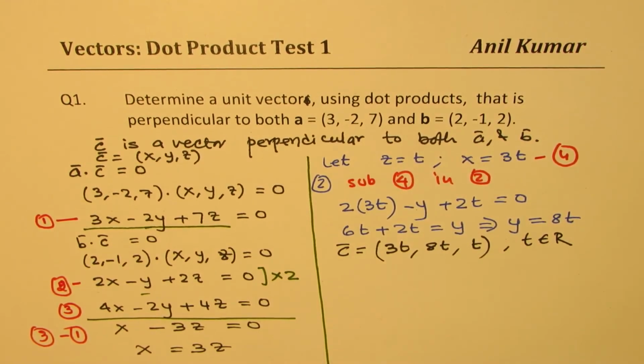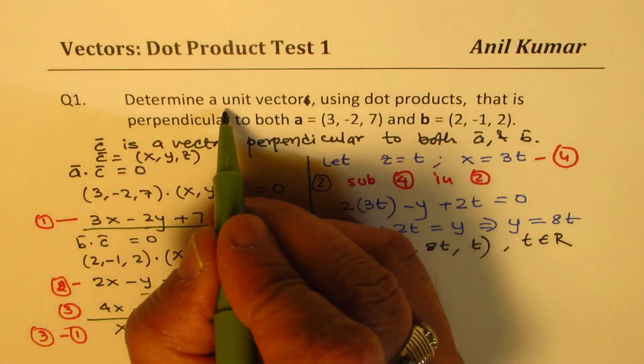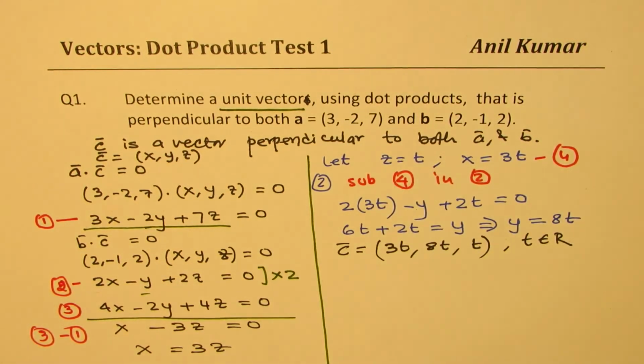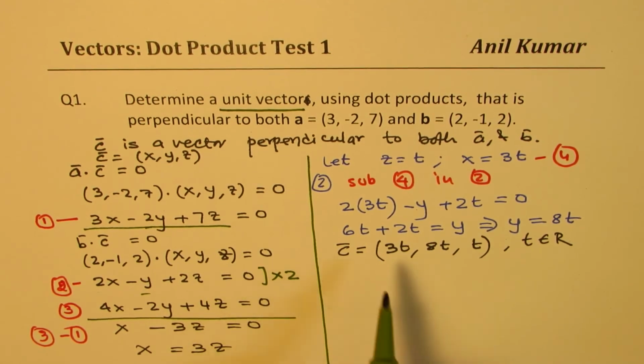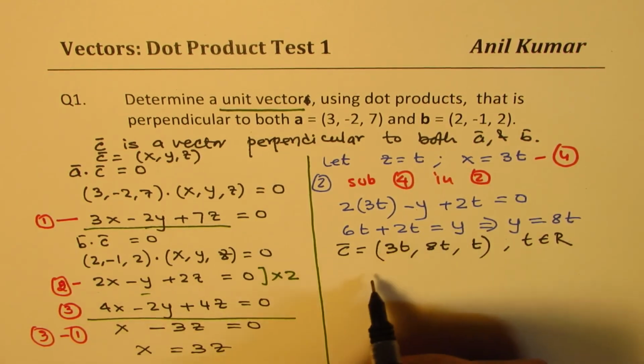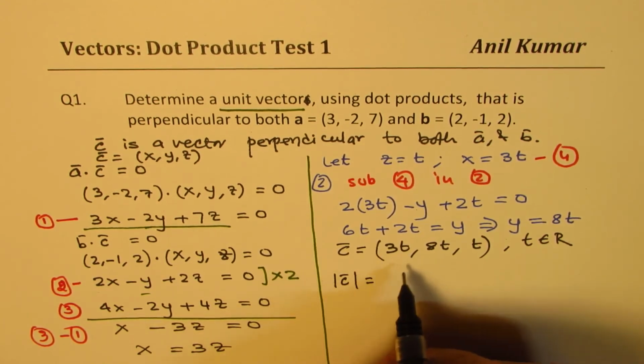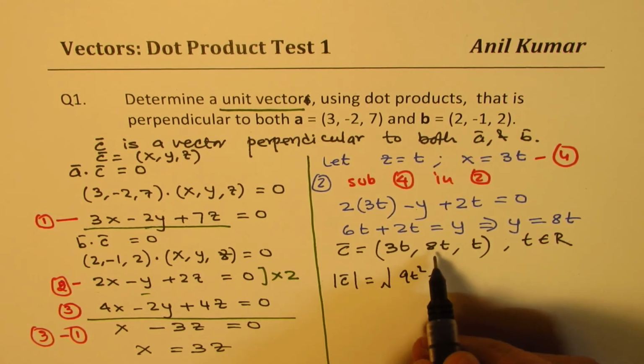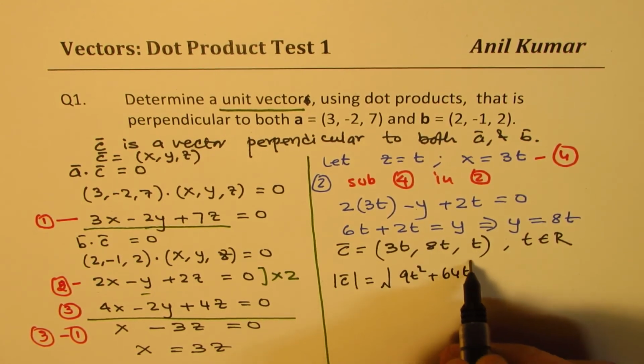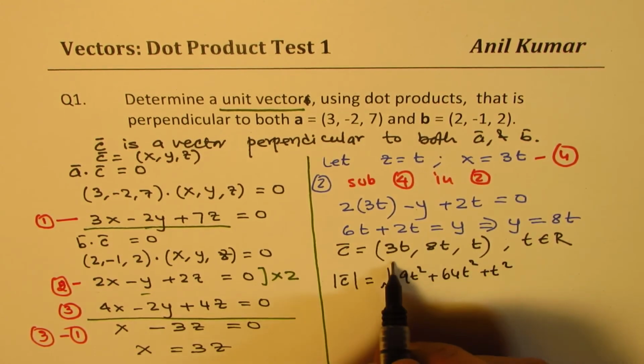In this particular question, we are more interested in finding a unit vector that is specific. That means I have to divide this by its magnitude, right? So what is going to be the magnitude? Well, we'll do a square root. Let's find the magnitude of this c. That is equal to the square root of 9t squared plus 64t squared plus t squared, right?